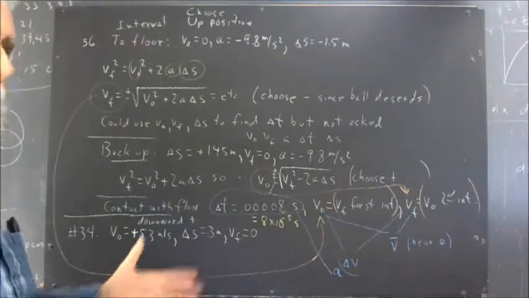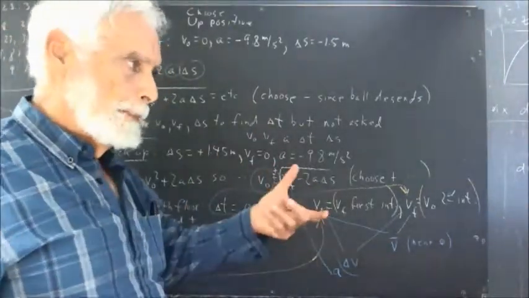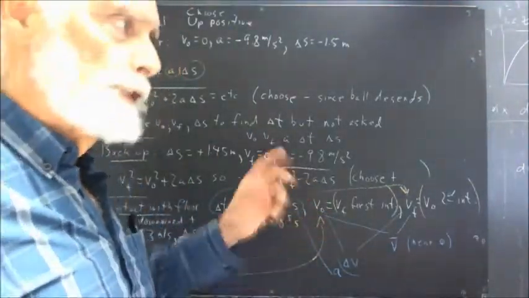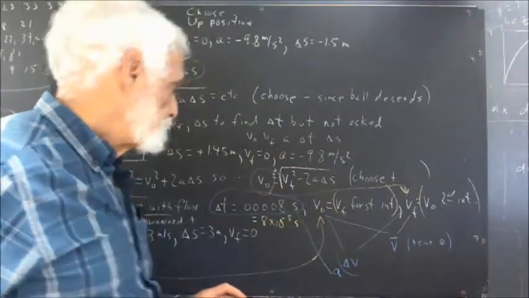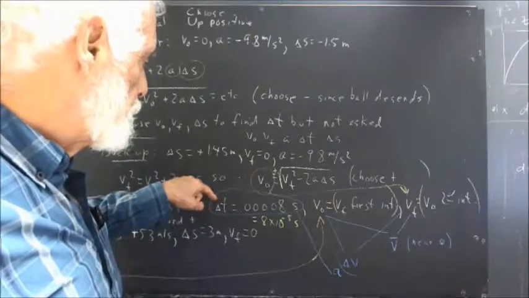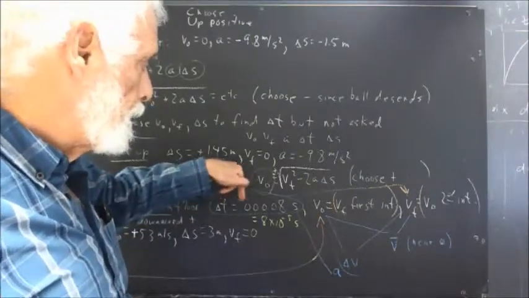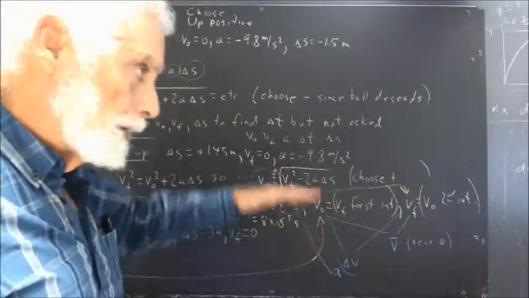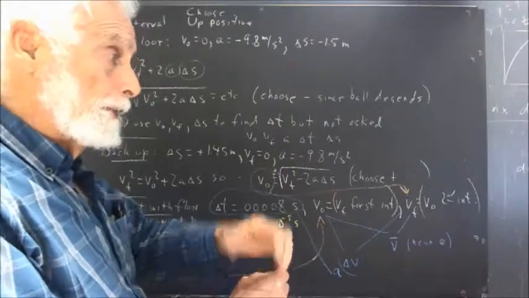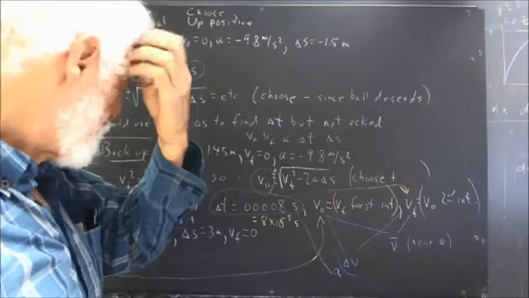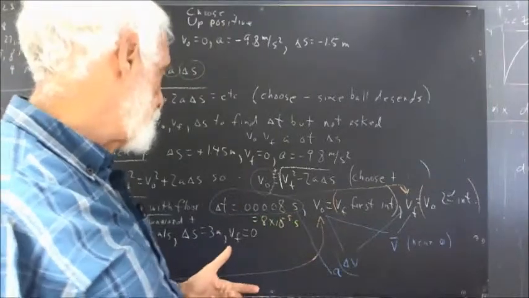We could estimate, the problem doesn't ask for it, but think about this, we could estimate how far the ball compresses. Now this is just an estimate based on uniform acceleration, which is not really the case. We could base that estimate on the idea that, okay, delta t for the entire compression and decompression between the time the ball first hits and the time it leaves the floor springing back is this 0.00008 seconds.